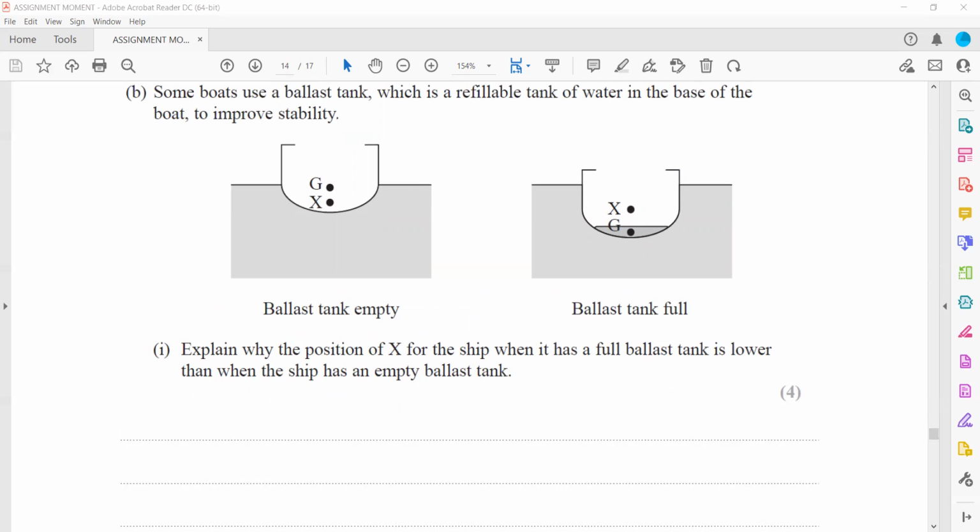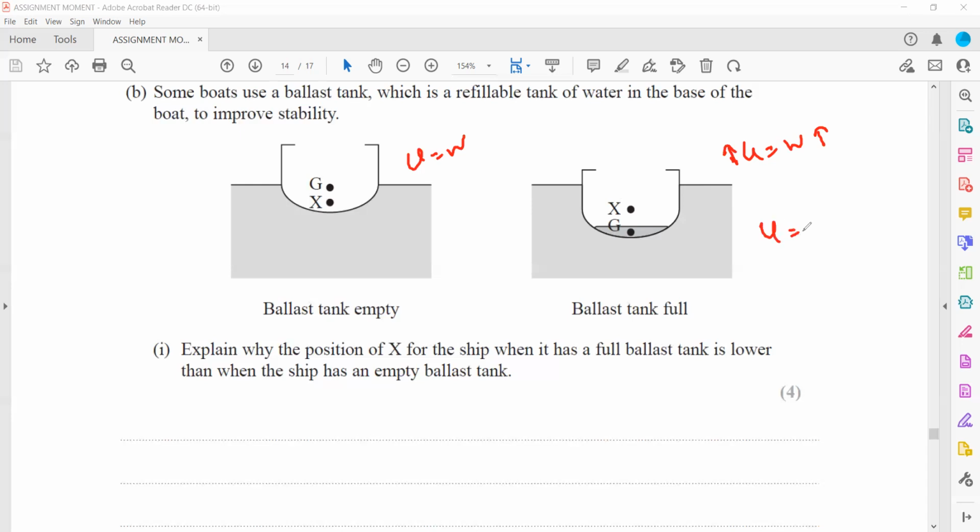As the ship is floating, the upthrust must be equal to the weight. So as it is filled, the mass will increase. If the mass increases, the weight will increase, so the upthrust must also increase.